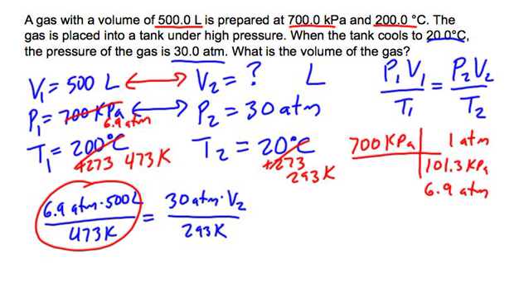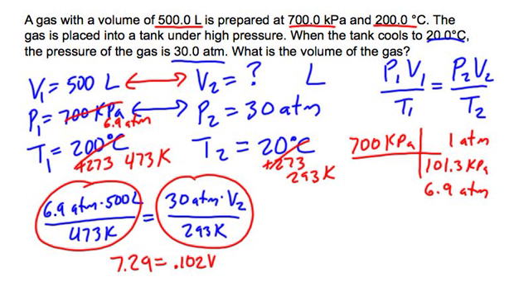I'm going to start by figuring out what this equals. So 6.9 times 500 divided by 473, I get 7.29. I'm going to try not to round much until the very end. Over here, I get 30 divided by 293, and that's 0.102. And V2 stays as it is.